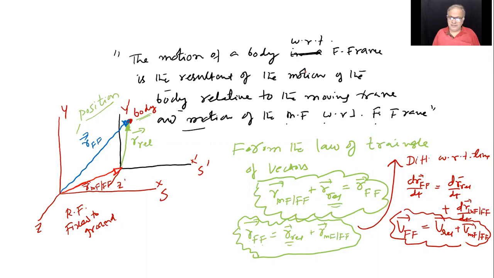Now, if I differentiate this again with respect to time, I'll finish it here itself so that I don't miss the other things. Position here, velocity here. Differentiate this. Can I write A of the body with respect to fixed frame is equal to A relative plus A of the moving frame with respect to fixed frame?